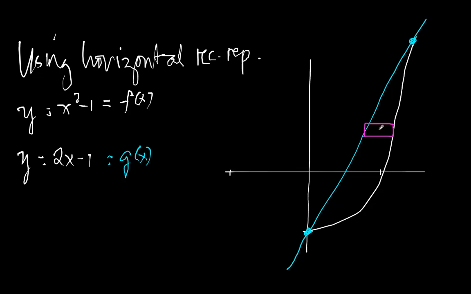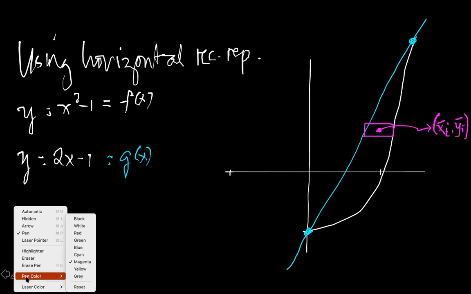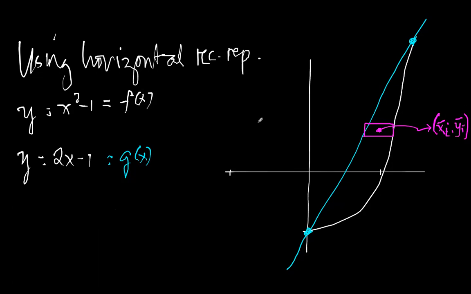Let's identify that the centroid of the rectangular representative is here, and let's identify it as x bar i and y bar i. Same thing, we're going to use 4 steps. Step number 1, identify the area.